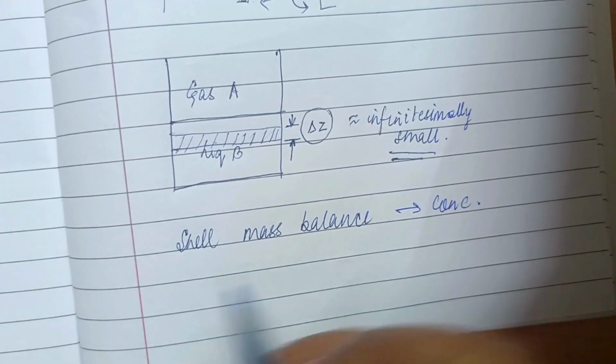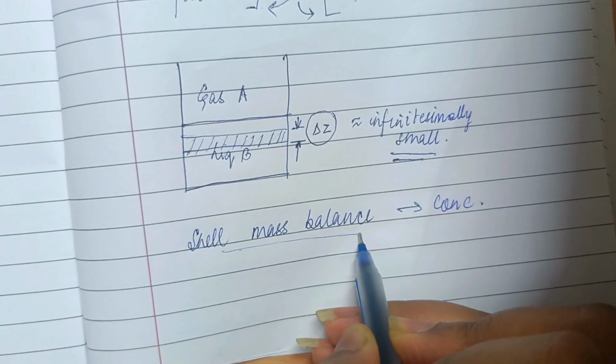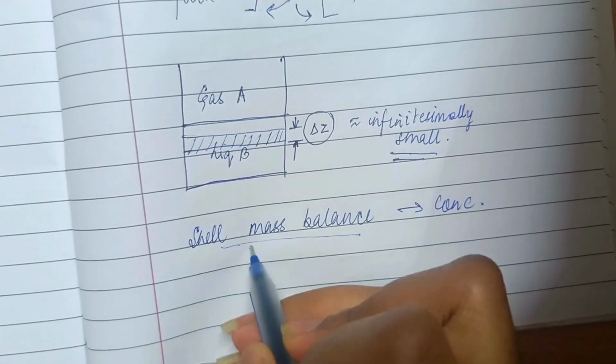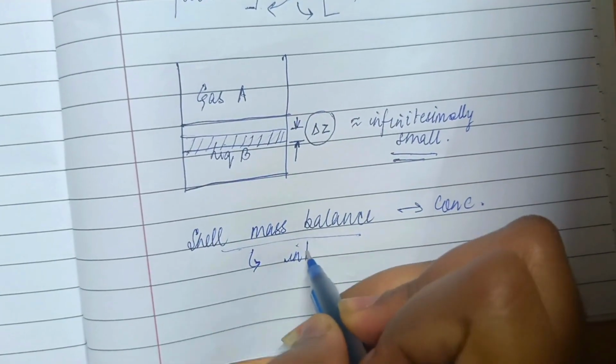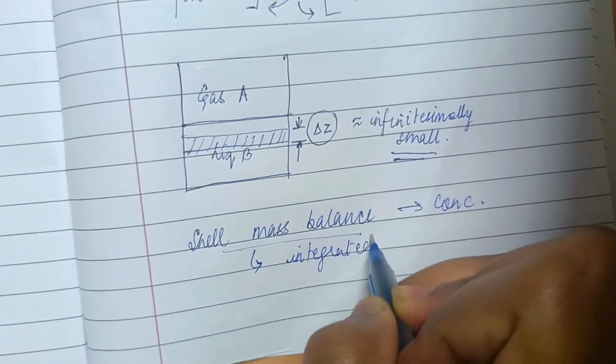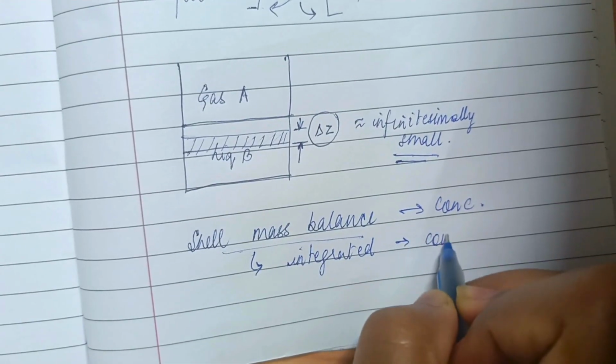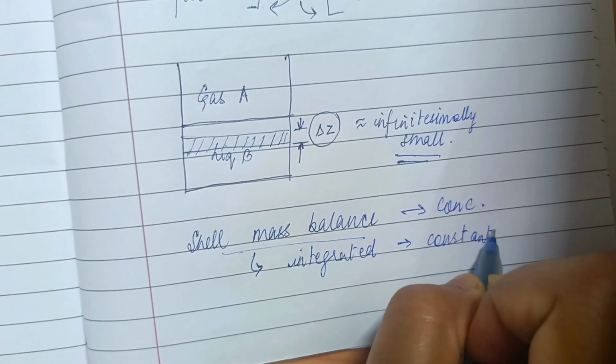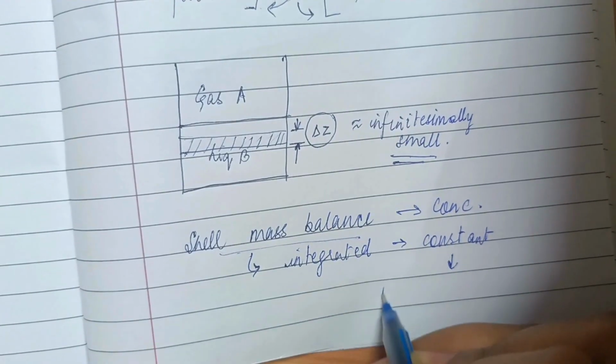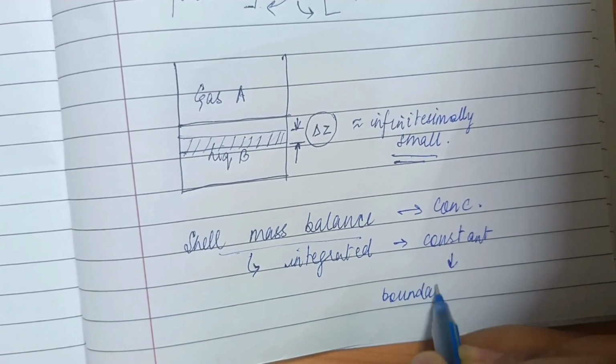Now, when we have the shell mass balance equation, the differential equation can be integrated, and after finding the constants of integration, we have to apply the boundary conditions.